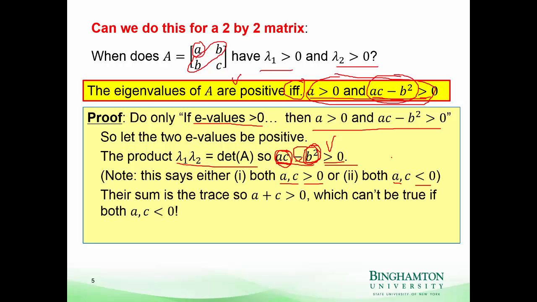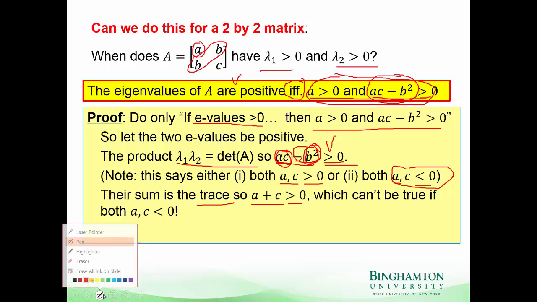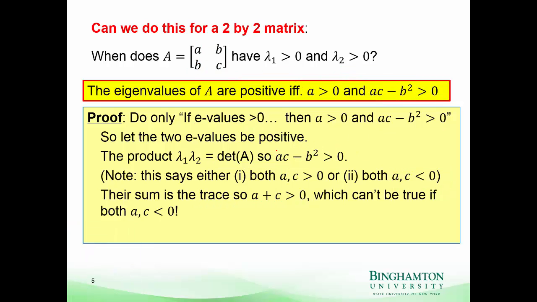Now we also know that the sum of the eigenvalues is the trace. So the sum, lambda 1 plus lambda 2, since they're both positive, must be positive, so the trace, A plus C, must be positive. And that can't be true for the case where both are negative. So what we've done here is we've shown that this must be true, and we've shown that that can't be true.